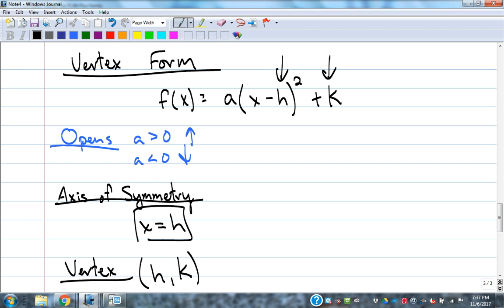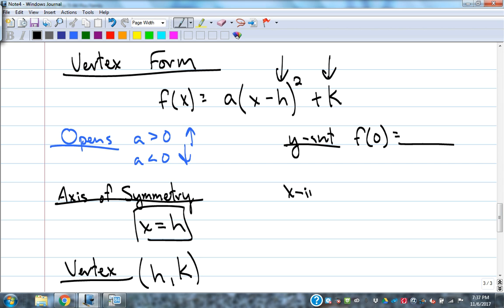Now, when it comes to finding the y-intercept, it's not real nice for that. Not good for finding the y-intercept. But to find it, plug in a 0 for x and work it out. And that math is doable.